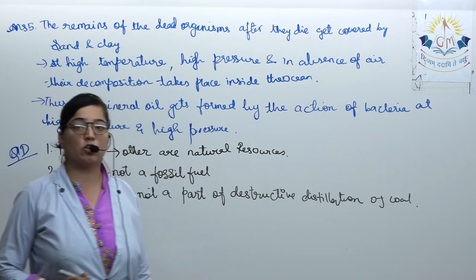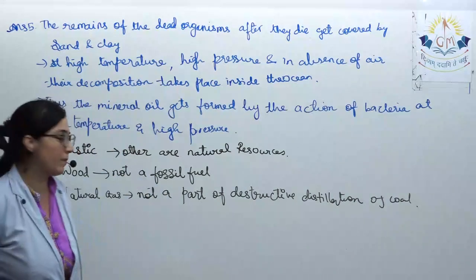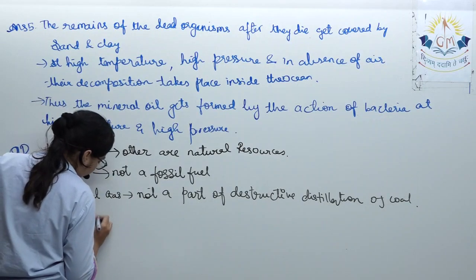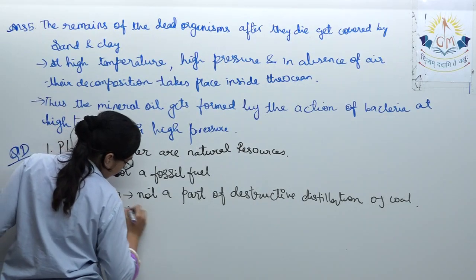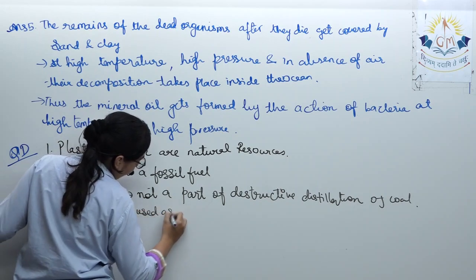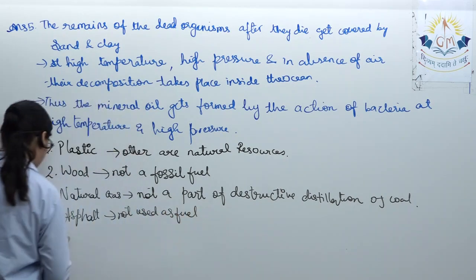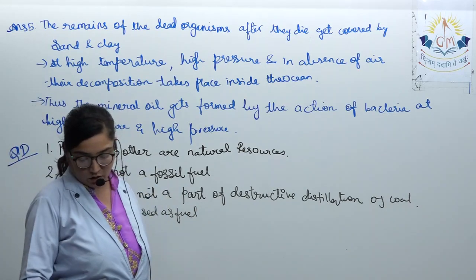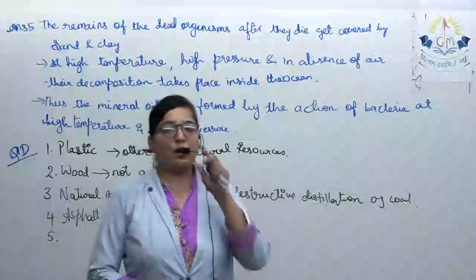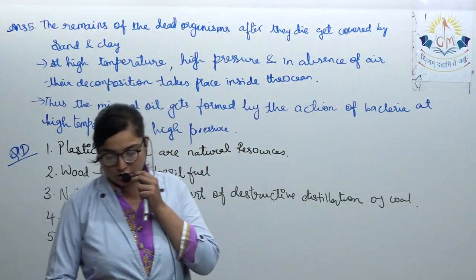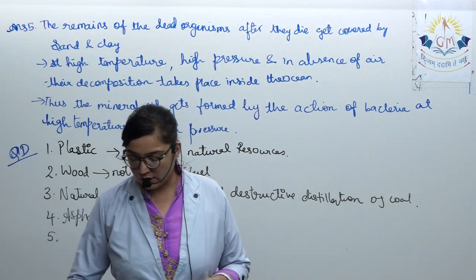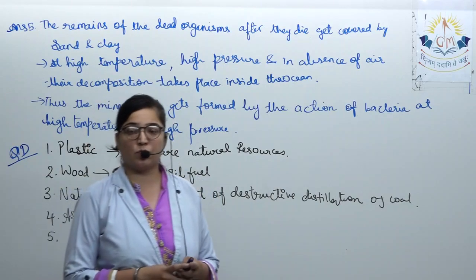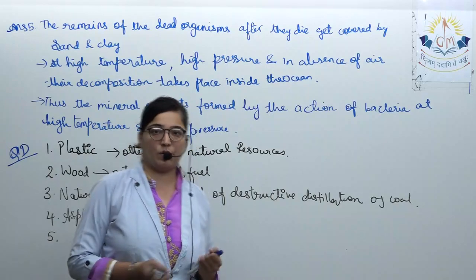It is asphalt because all the others are used as fuel. Coming to the next question: lubricating oil, paraffin wax, fuel oil, and asphalt. It is fuel oil because fuel oil is used as a fuel.